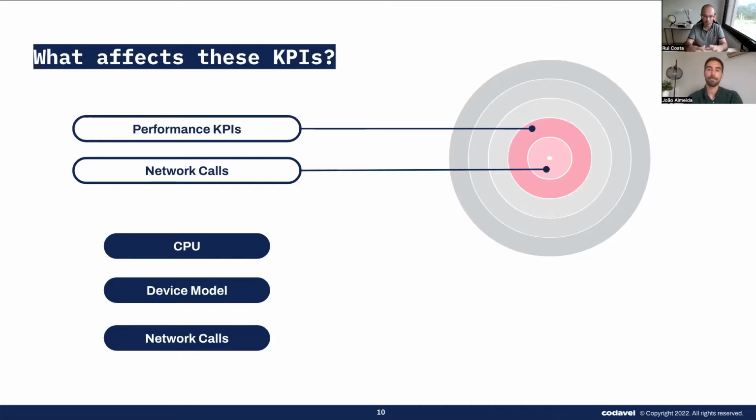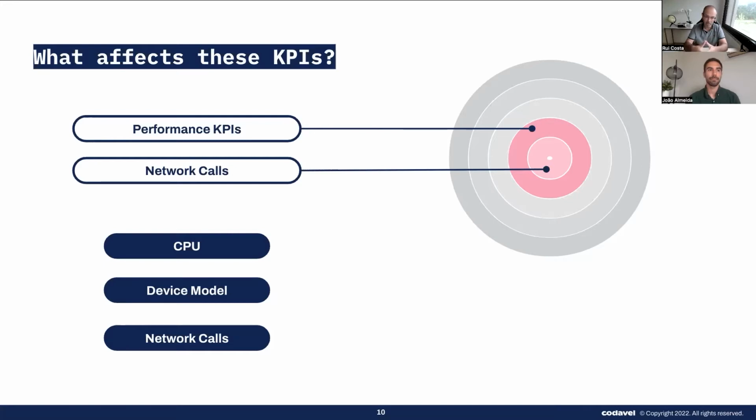But assuming that you have fixed those, there are two things that matter the most: processing and network calls. Processing is obviously dependent on the end user device. So you should be super focused on making your application as performant as you can, in other words, as light as you can, to ensure that the phone doesn't get stalled processing something.